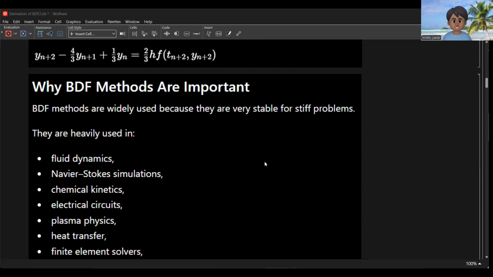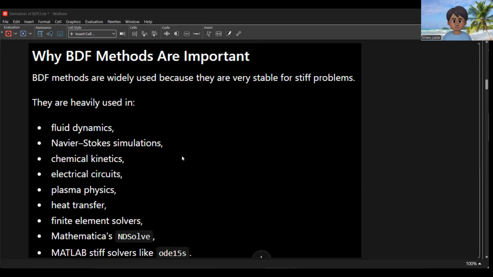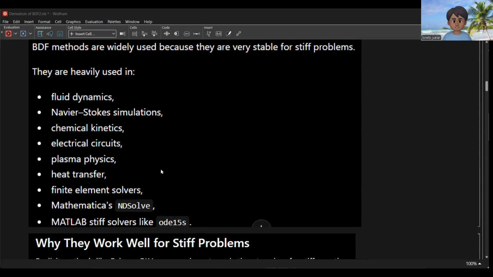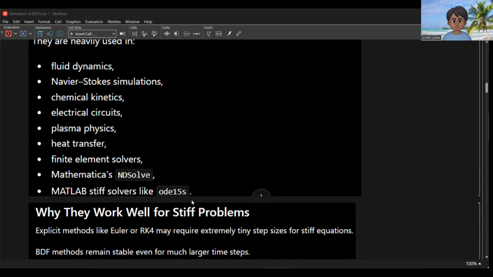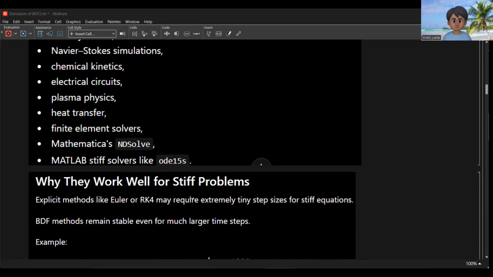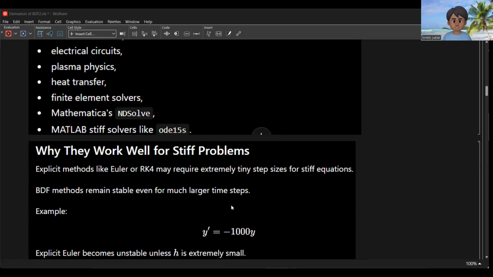They are heavily used in fluid dynamics, Navier-Stokes simulations, chemical kinetics, electrical circuits, plasma physics, heat transfer, finite element solvers, Mathematica's stiff solvers, and MATLAB stiff solvers like ode15s. Why do they work well for stiff problems? Explicit methods like Euler or RK4 may require extremely tiny step sizes for stiff equations. BDF methods remain stable even for much larger time steps.